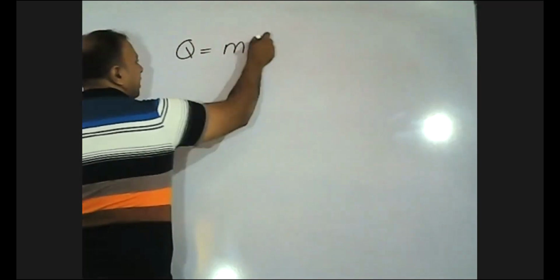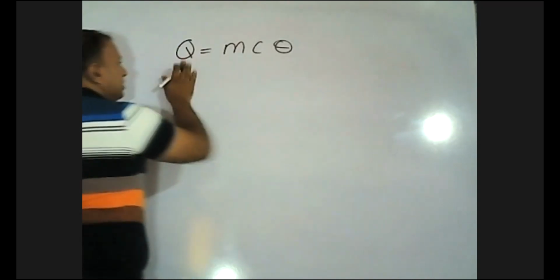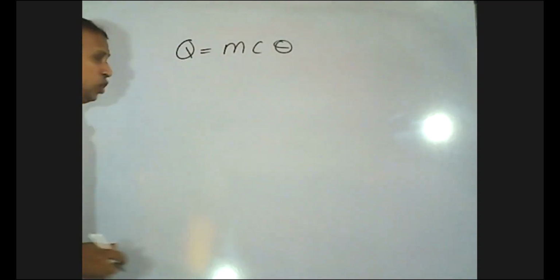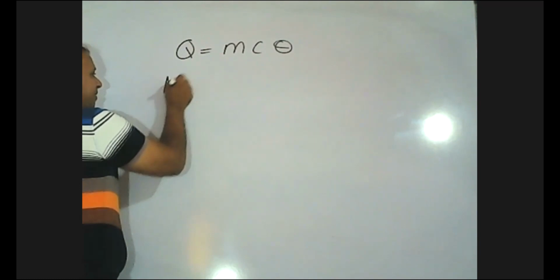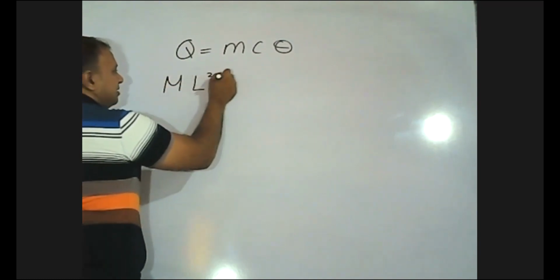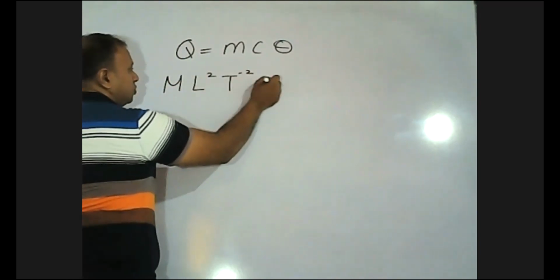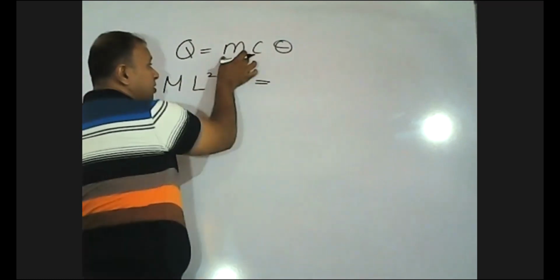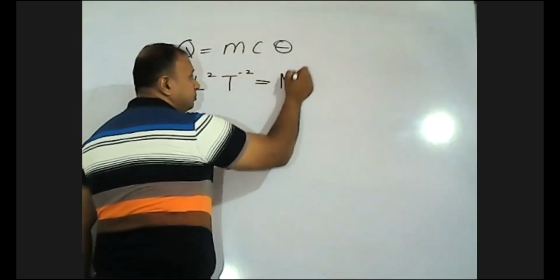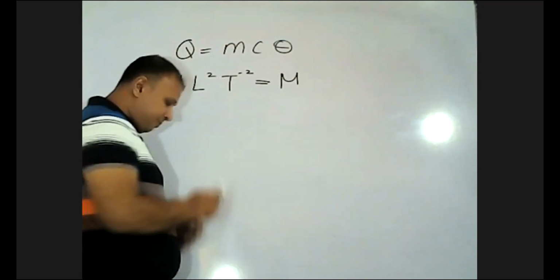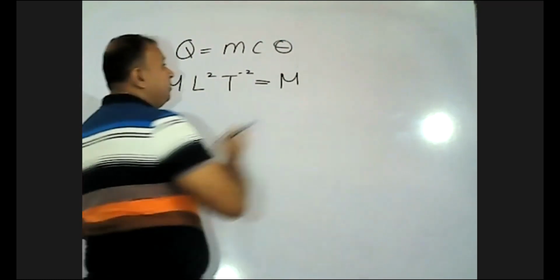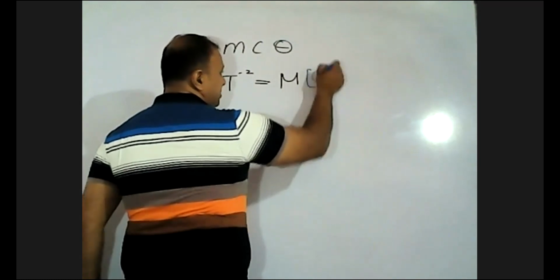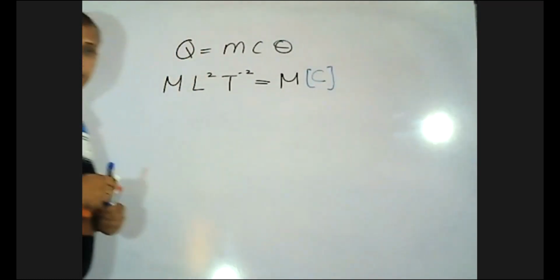Here, Q is equal to m c theta. Q is an energy, so the dimension of energy is M L squared T minus 2. The dimension of mass is M. We have to find the dimension of C, which is the unknown factor.